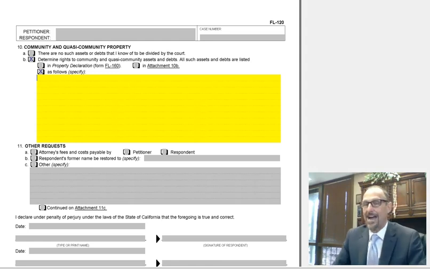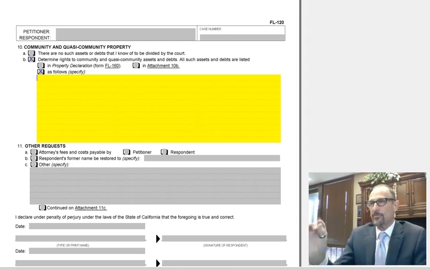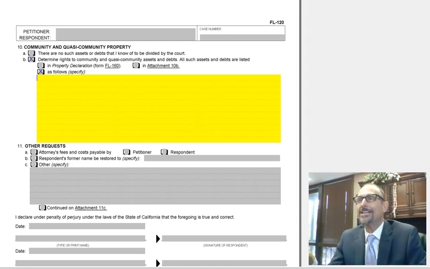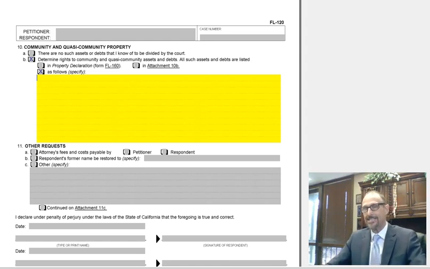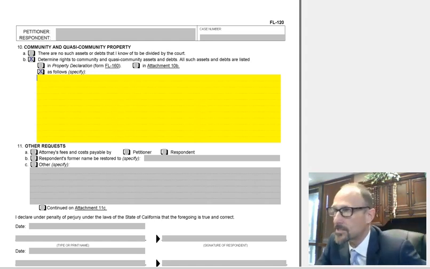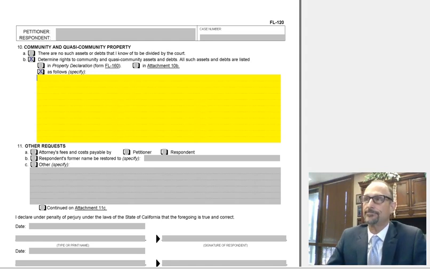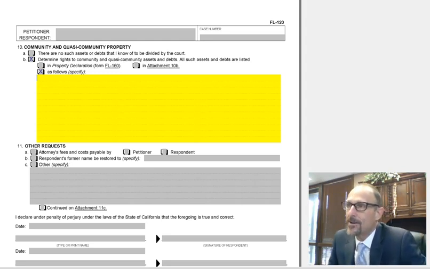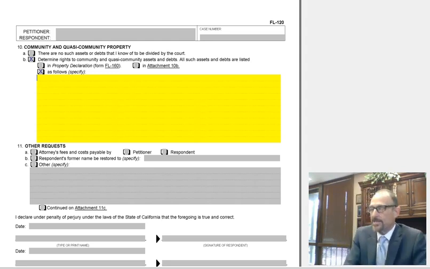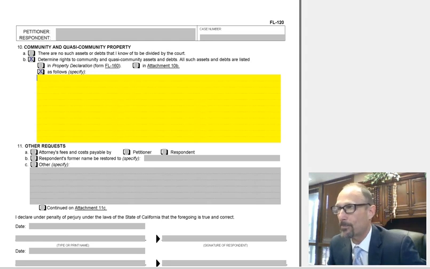Before I tell you what that language is, you need to understand what's going on here: by listing this property, you're giving notice to the other party and to the court of what the community property is, and you're basically giving permission to the court to divide this community property.